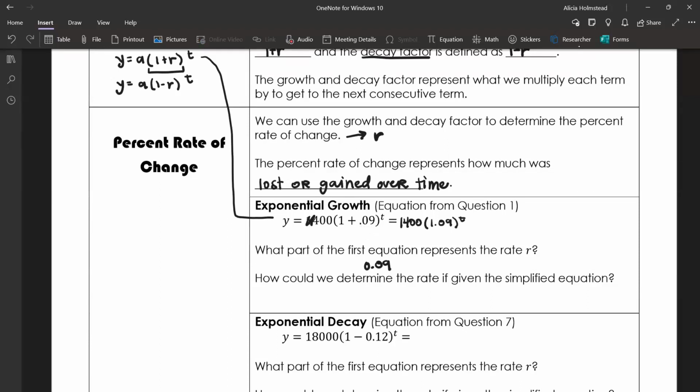So let's say that we never saw the first equation, and we were just given 14,000 times 1.09 to the power of t. How could we determine the rate? Well, we would take our growth factor, which is 1.09, and subtract 1, which would give us 0.09, which is in fact the correct rate. So we took our growth factor and subtracted 1.